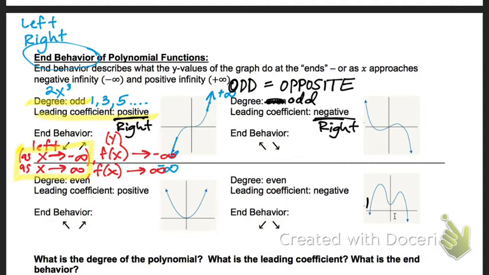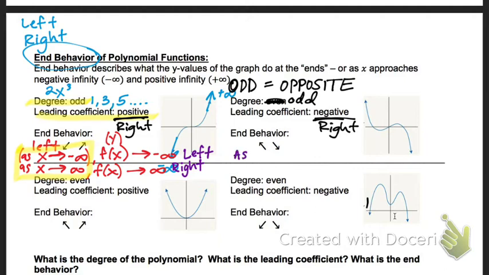The top statement is telling me what happens to the left. The bottom statement is telling me what happens to the right. So you'll always have two of them for every graph, because with end behavior, you're telling me what happens to the left and to the right.